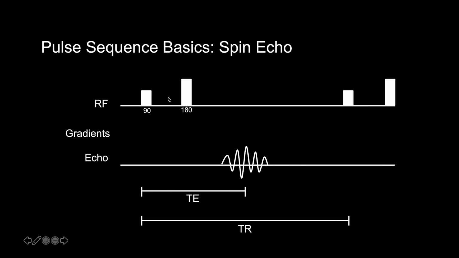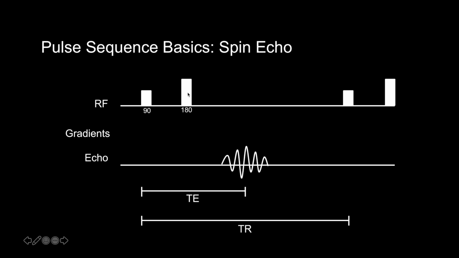So, after all of those types of relaxation are occurring in the interim, we then apply a 180-degree pulse, which is also called a rephasing or refocusing pulse. The 180-degree pulse is halfway between the 90-degree pulse here and the echo, which is also known as the TE, so the 180-degree pulse happens at 1/2 of TE.